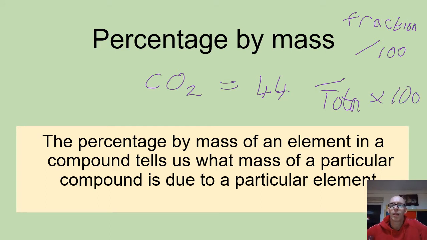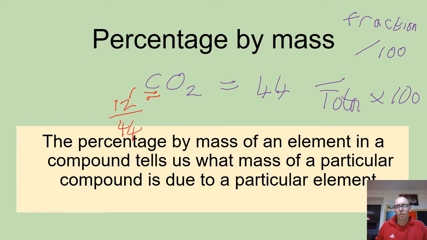So what we have to do here, in the one I've just asked you, is I want to know what percentage of this chemical, CO2, is carbon. That's the one I'm after. So carbon has a mass of 12 and the total is 44.